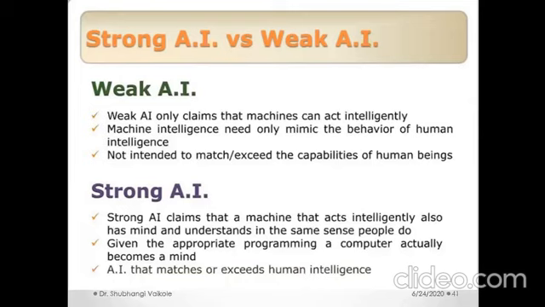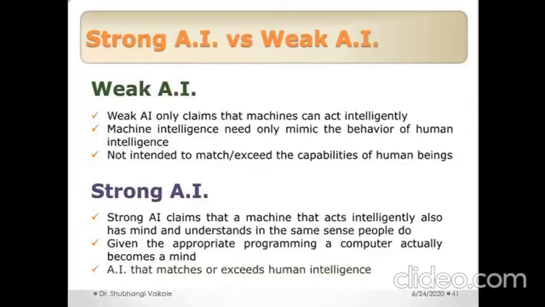So if a human being is able to perform some task, then we assume that the machine is also able to perform that task. It is not intended to match or excel the capabilities of human beings. Here we assume that the machine is not able to match the capability of the human being, or cannot exceed the performance of the human being.